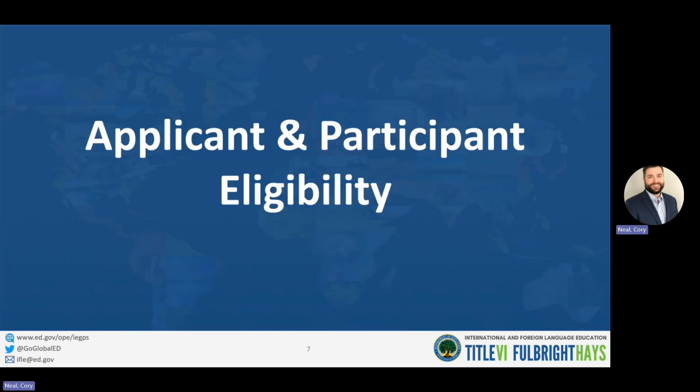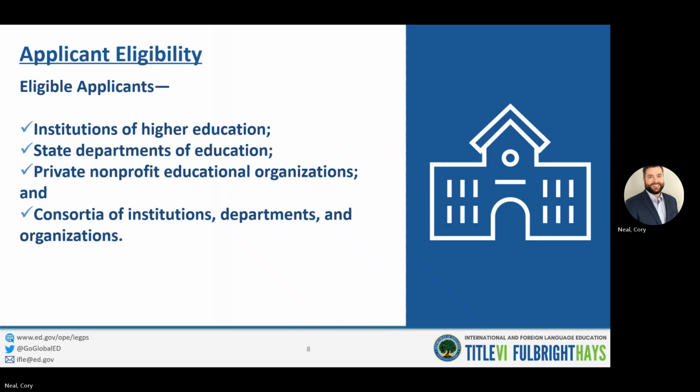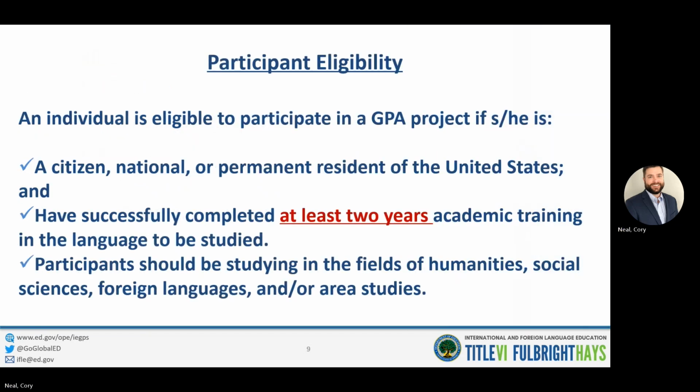Okay, next let's talk about applicant and participant eligibility. Eligible applicants for fiscal year 2025 include institutions of higher ed, state departments of education, private nonprofit educational organizations, and consortia of institutions, departments, and organizations.